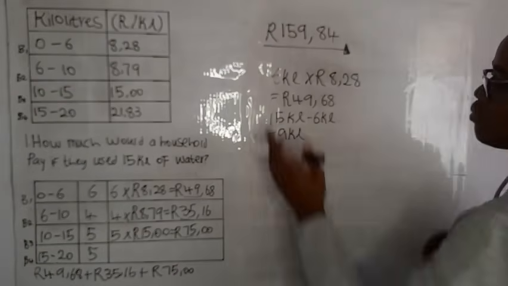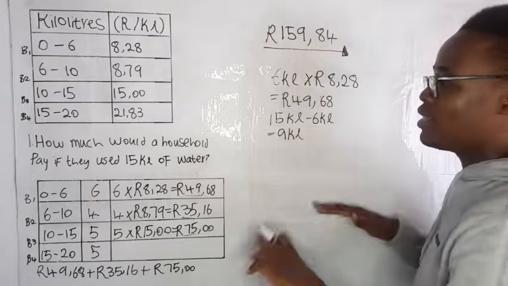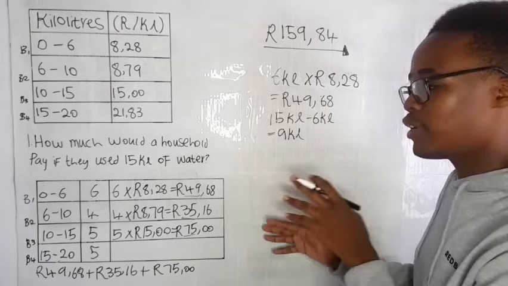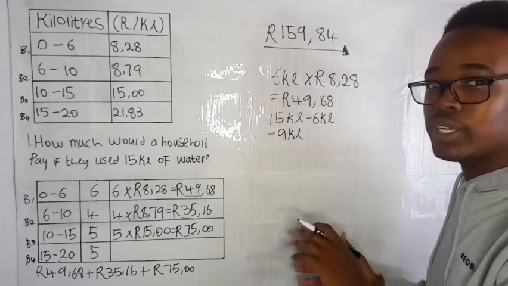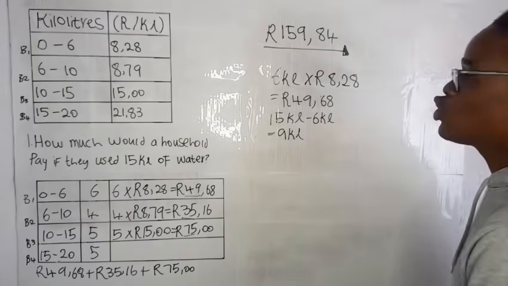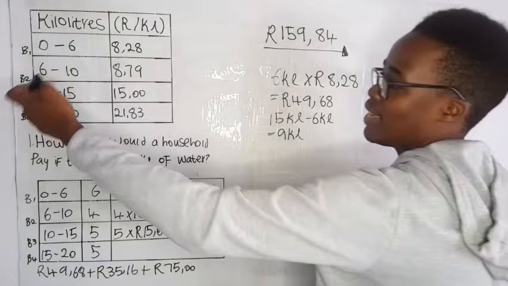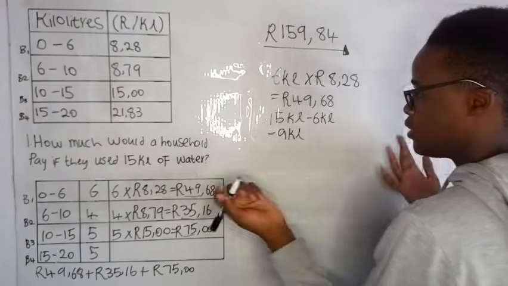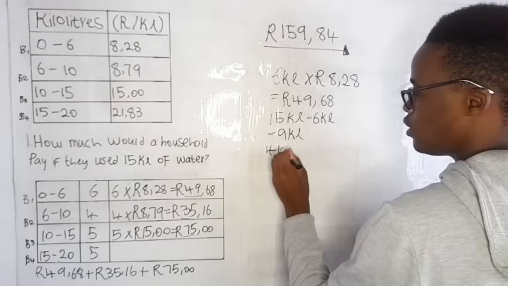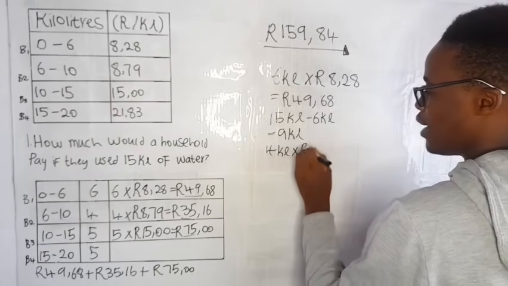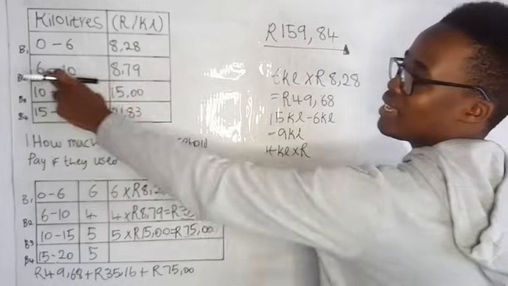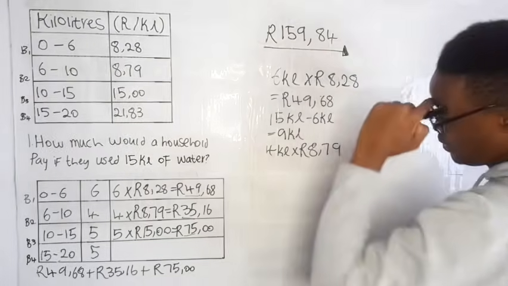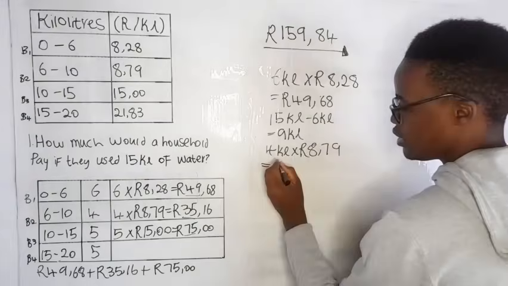So you go to the next block. This is just to keep track, so you don't get lost and forget how many kiloliters you were left with and end up doing wrong things. You determine the interval between 6 and 10. You say 10 minus 6, it gives you 4. You say 4 kiloliters multiplied by the amount on the same block, which is 8 rand 79 cents, and then you write the answer here.